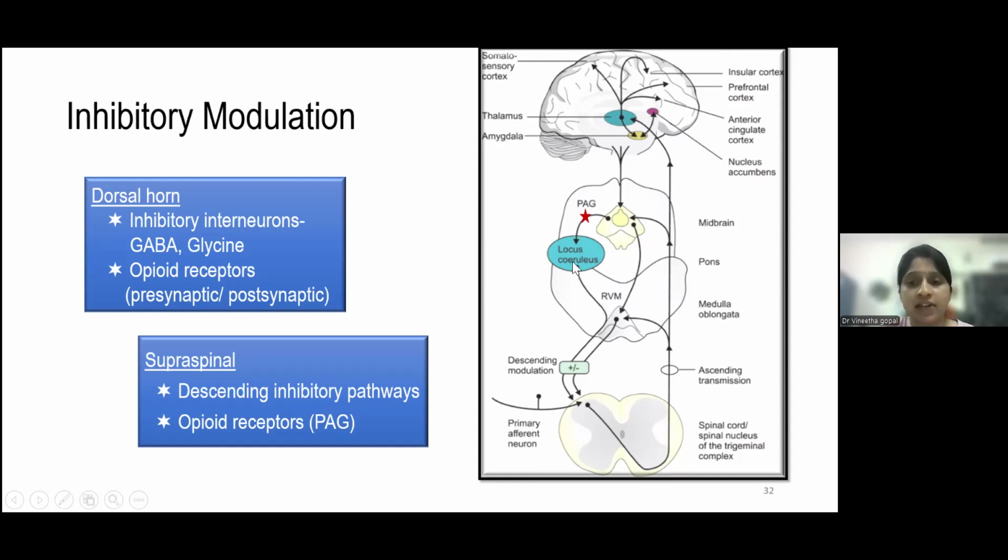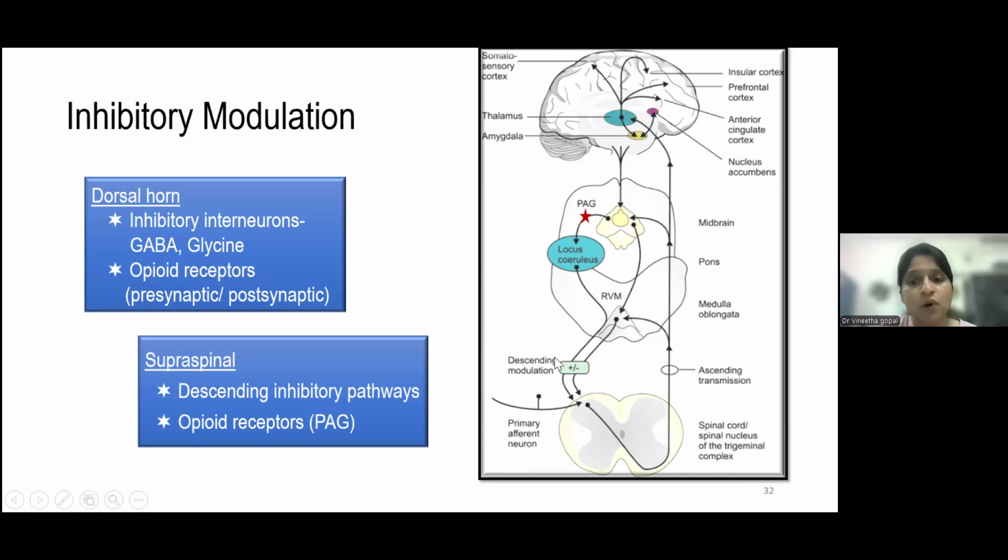There is an inhibitory pathway coming from these structures, and they act on the dorsal horn neurons. When this pathway is more active, it causes inhibitory modulation; that is, with time, the pain becomes less.